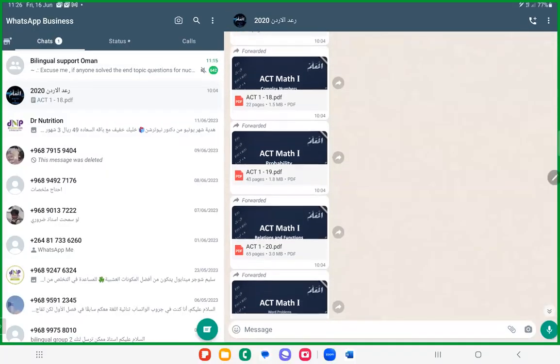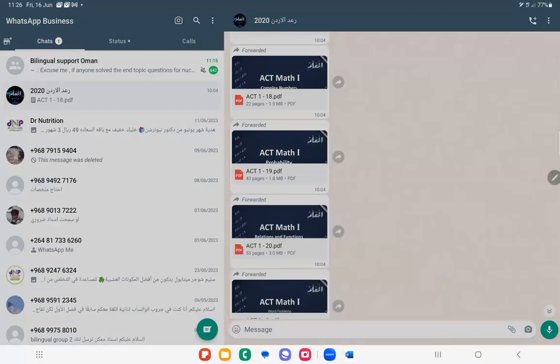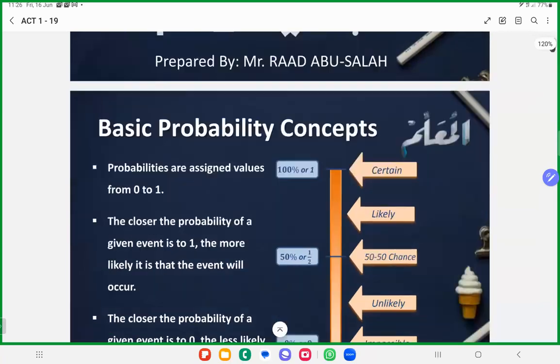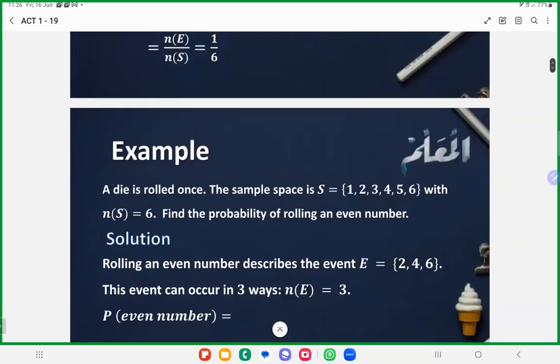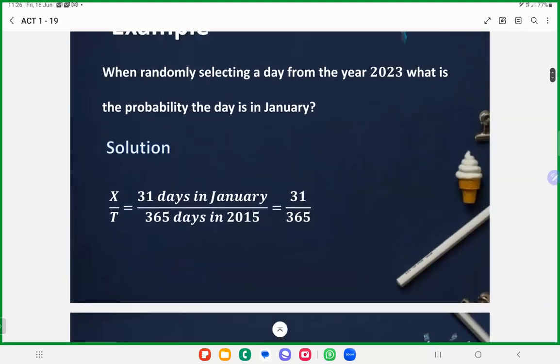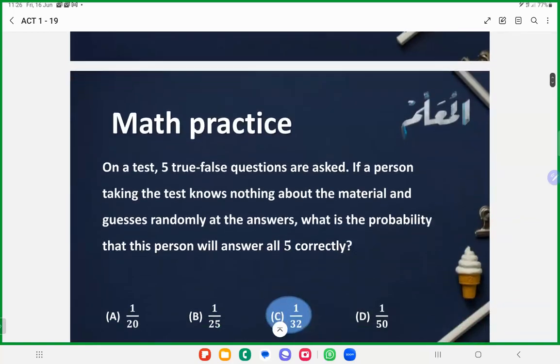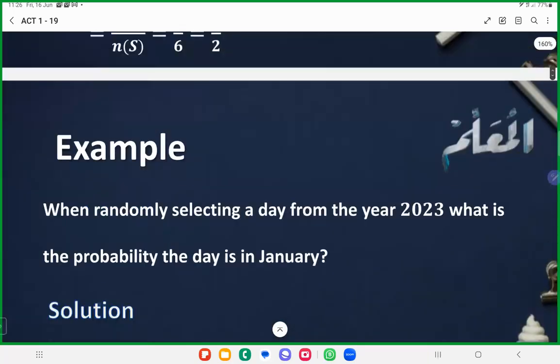Chapter 19, probability. It's a long chapter, but an easy way: remember the terms, what's meant by independent events, complement, and dependent events. I'll put a question on probability involved in geometry.